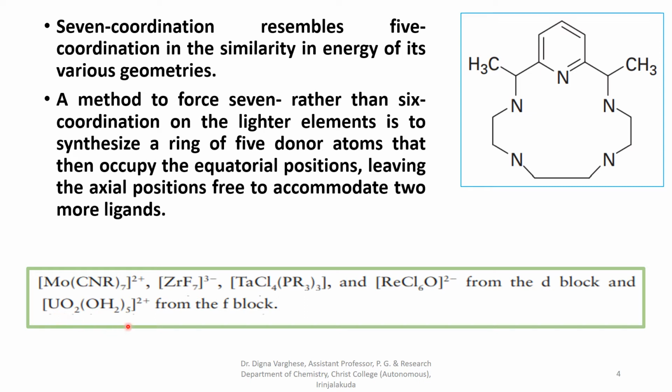So these are some examples of coordination number 7 complexes. Even though it is a rare coordination number, some complexes exhibiting coordination number 7 are also known. Now I am going to discuss a type of 7 coordinate complex.